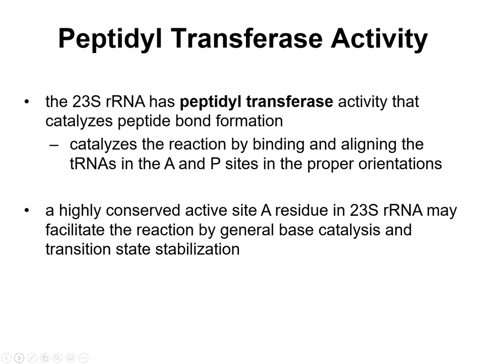So there's the 23S ribosomal RNA that has peptidyltransferase activity. And this is the ribozyme part of the ribosome. It catalyzes the reaction by binding and aligning the tRNAs in the A site and the P site in their proper orientation.